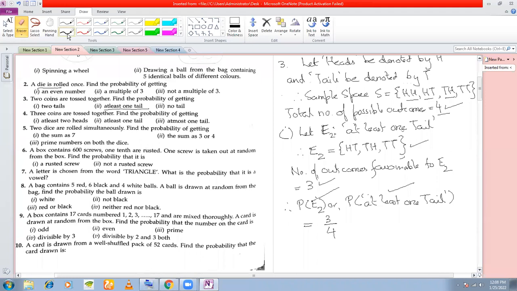Okay, so let's answer the third question. Question is no tail, right? Yes, no tail. So I defined the event E3.